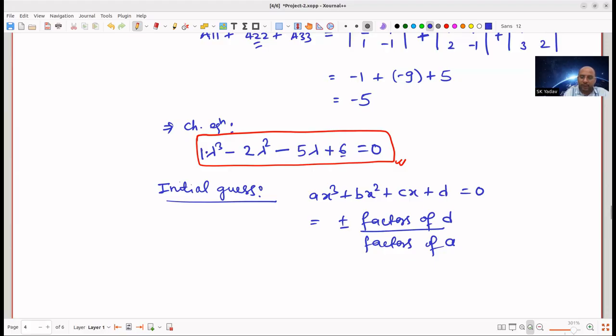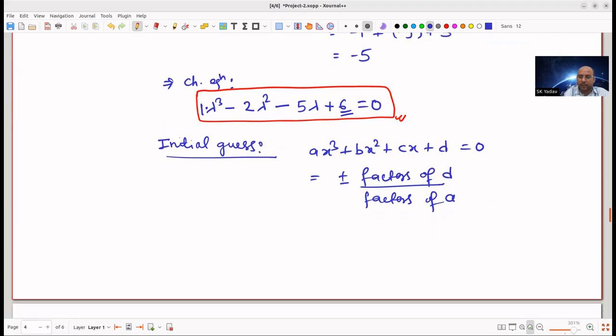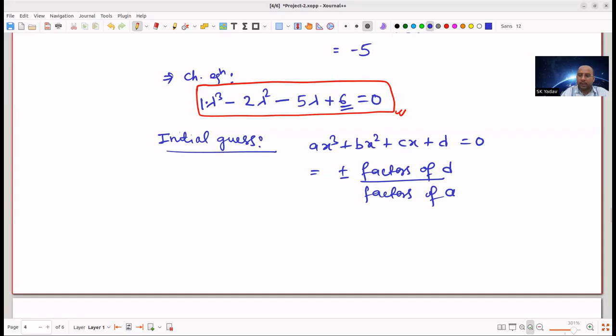So you have to ultimately find the factors of the last term, that is 6. Let us check for lambda equal to 1. So these factors are 3 and 2 and 1. And this means lambda 1 equal to 1.